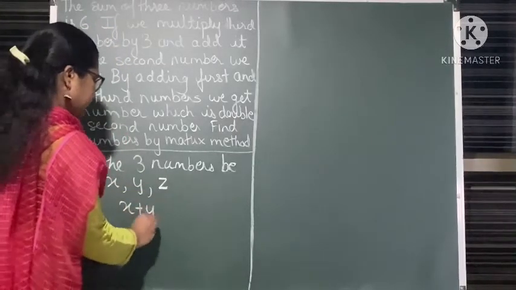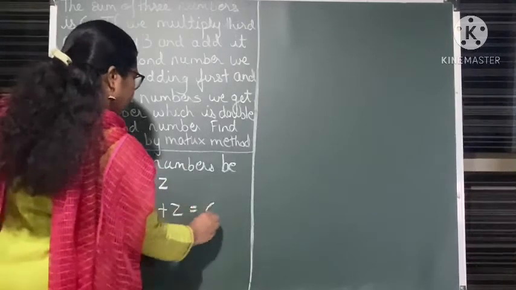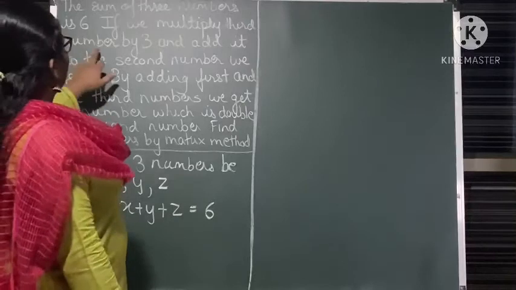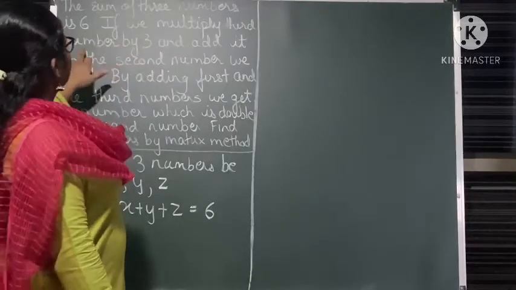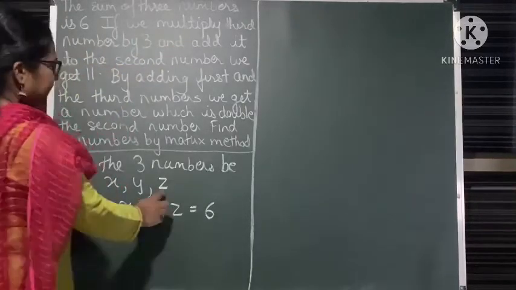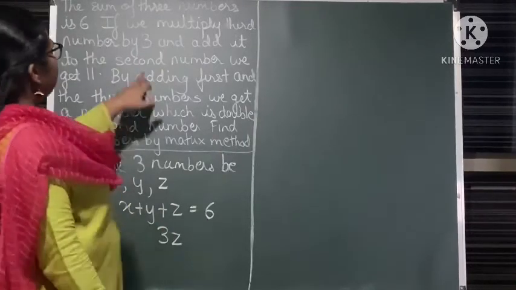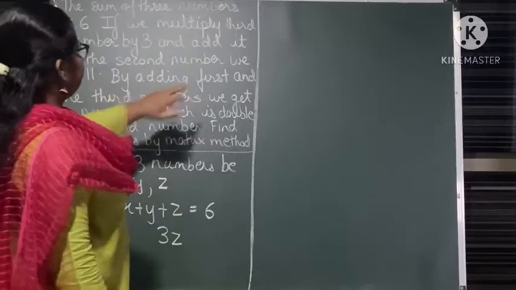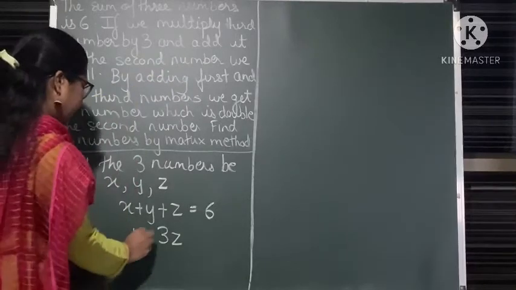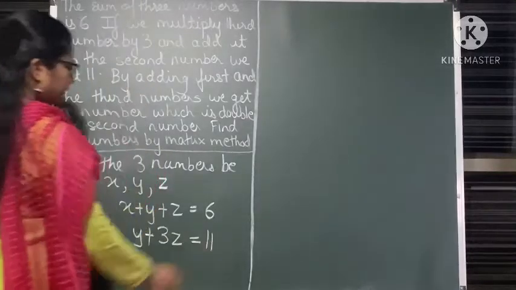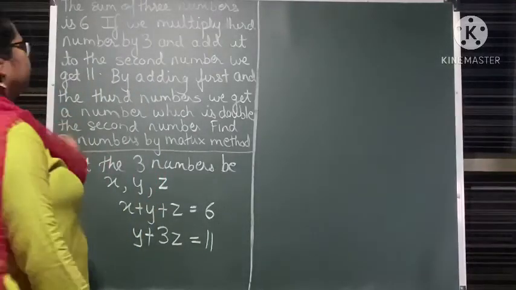Therefore, x plus y plus z is equal to 6. This becomes your first equation. Now, if we multiply third number by 3, third number is z, and add it to the second number, that is y plus 3z, we get 11. So this is your second equation.